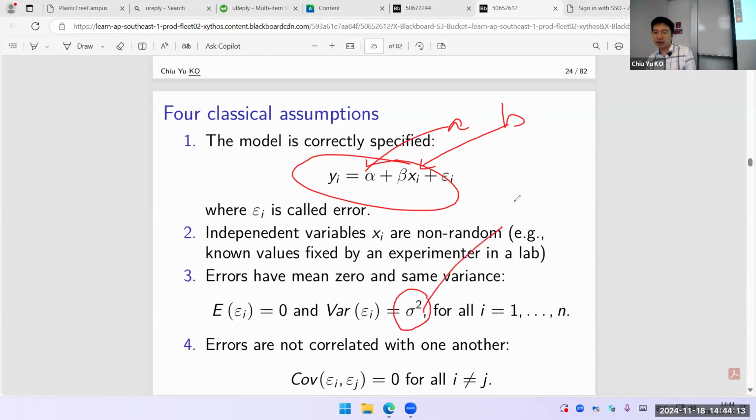And we said that S squared, which is the sample variance of the residual, okay, will be the best guess, right? Once we know the sigma square, then we can do a lot of things, right? Because A and B are random variables, right? So we want to do hypothesis testing on A and B and confidence intervals on A and B. Okay, that is the goal of today.